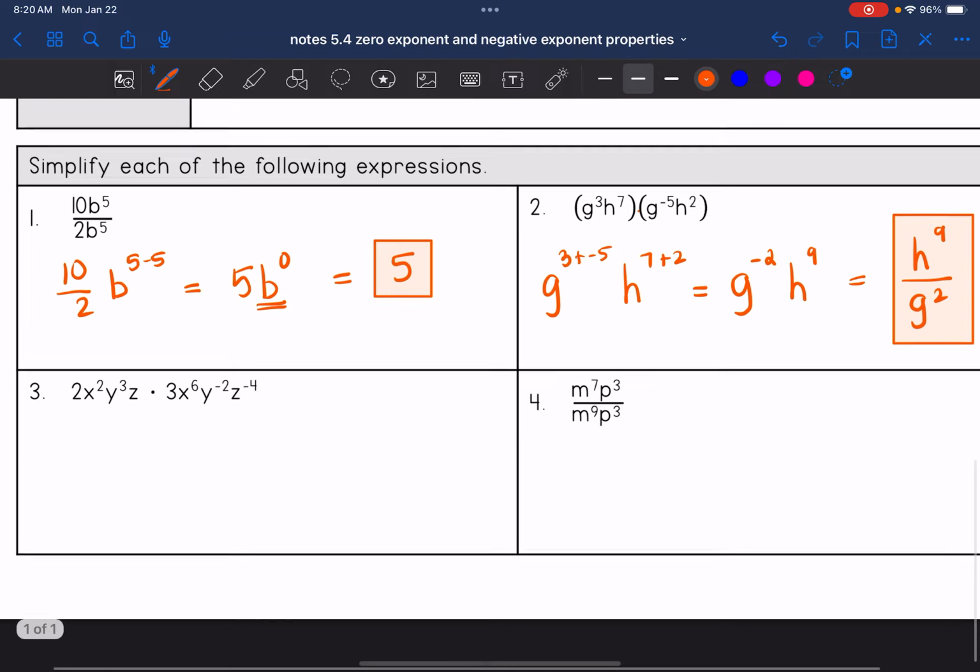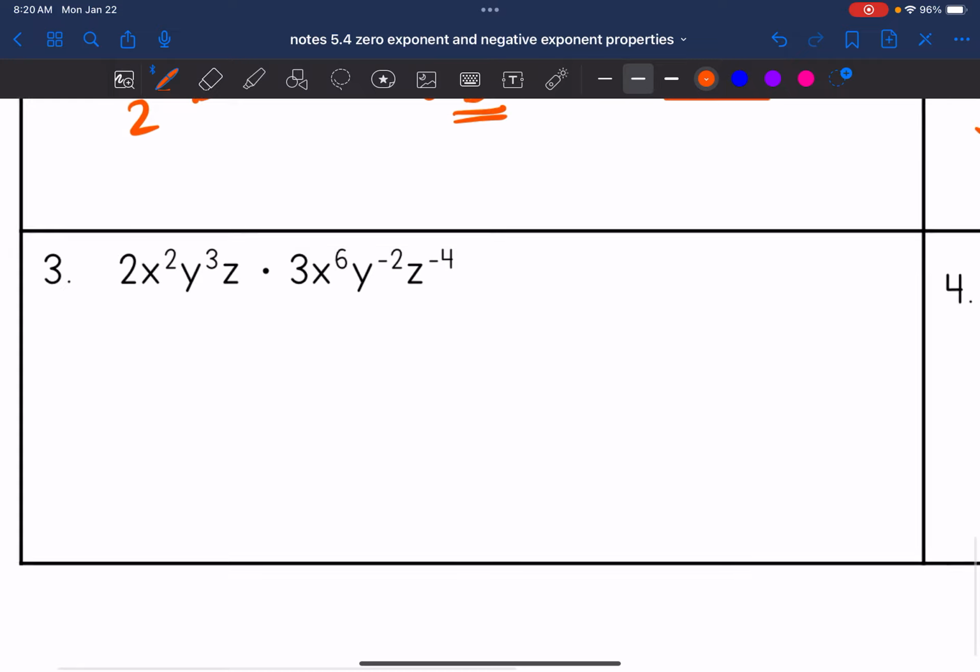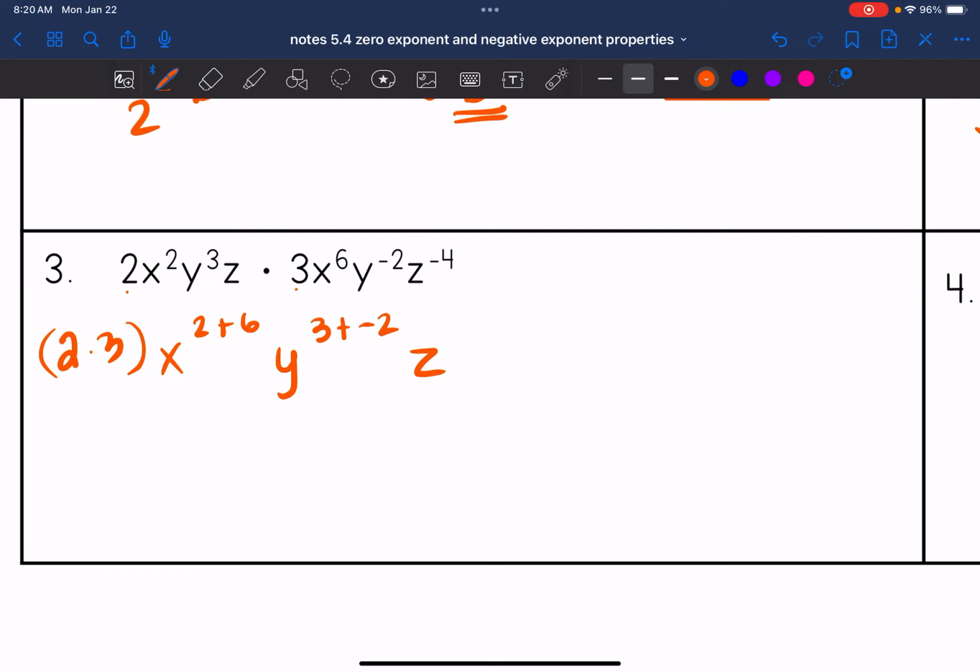Okay, next one, again, it's product property, so we're going to be adding our exponents. Starting with our normal numbers, we have 2 times 3. And then with the x's, we're adding, so 2 plus 6, y to the 3 plus negative 2, and z, invisible 1, 1 plus negative 4.